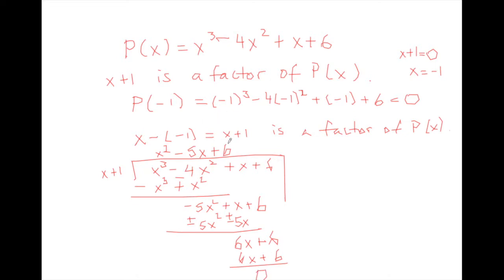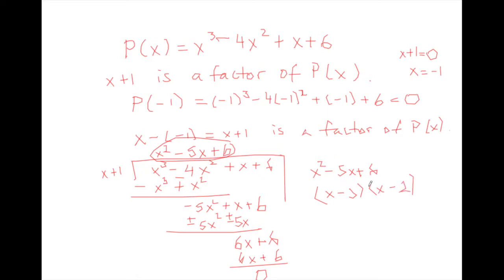Then our remaining factor is simply x squared minus 5x plus 6, and we can factor this down further as x minus 3 and x minus 2.